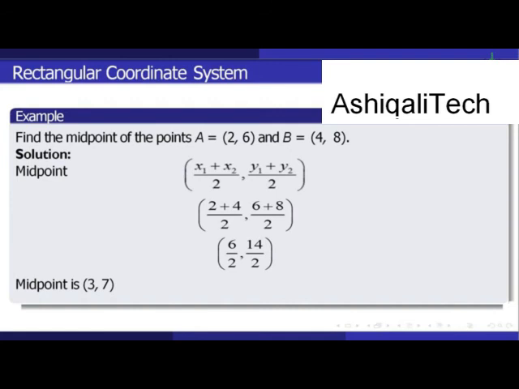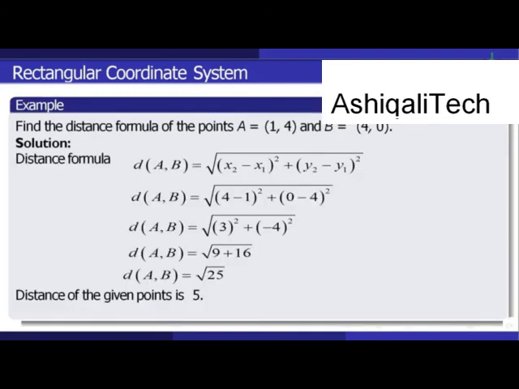Dear students, now we give you an example of the distance formula for the points A = (1, 4) and B = (4, 0). First we write the distance formula, that is the distance between A and B is equal to the square root of (x2 minus x1) whole squared plus (y2 minus y1) whole squared.